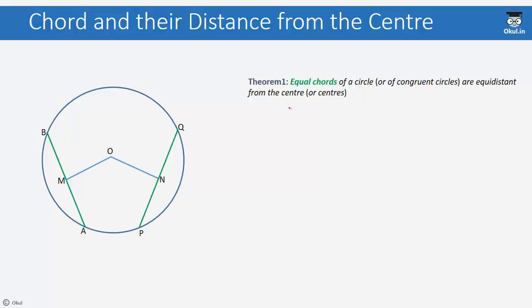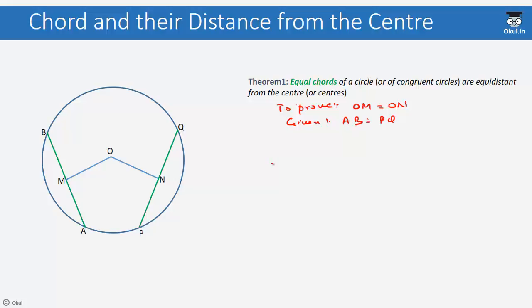So what we have to prove is that OM is equal to ON, and we have been given that the two chords are equal, that is AB is equal to PQ. The distance from the center is nothing but the perpendicular drawn from the center to the chord.